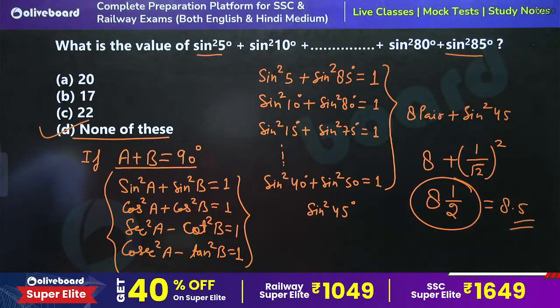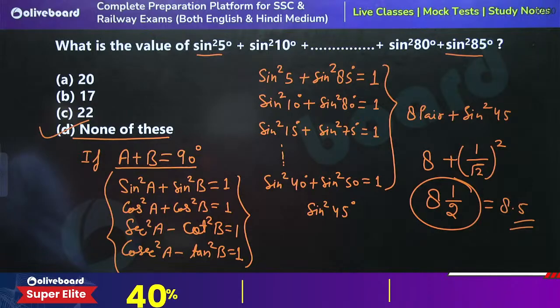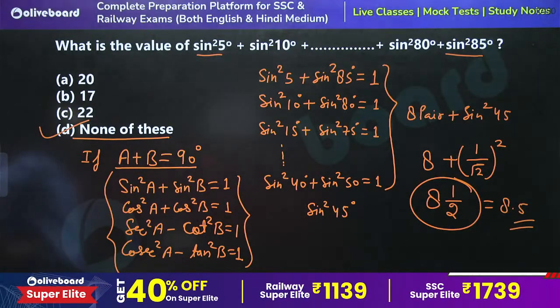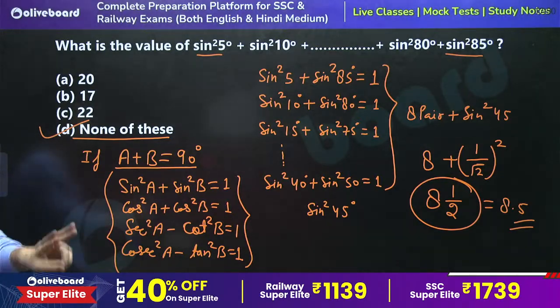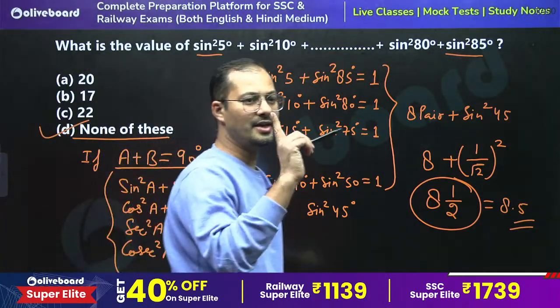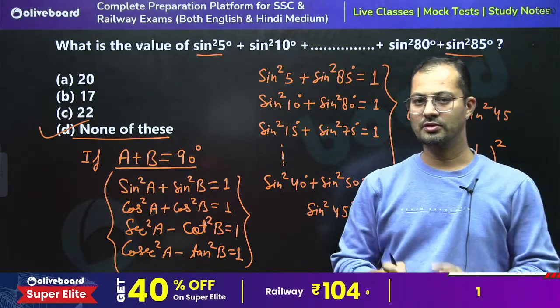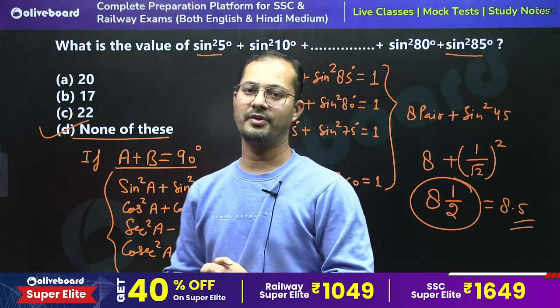Yes. How 17? Ankita Gupta, tell me how 17 you are getting. Madhumita, tell me how 17 you are getting. See, a pair of two terms will provide you 1. So 17 is the total number of terms, right?